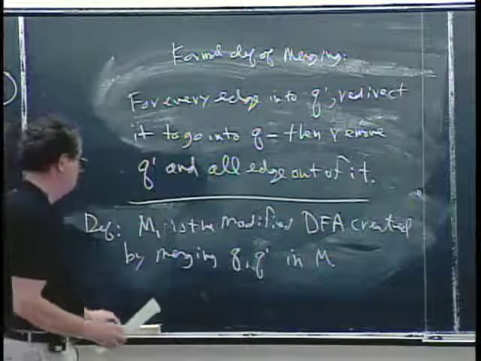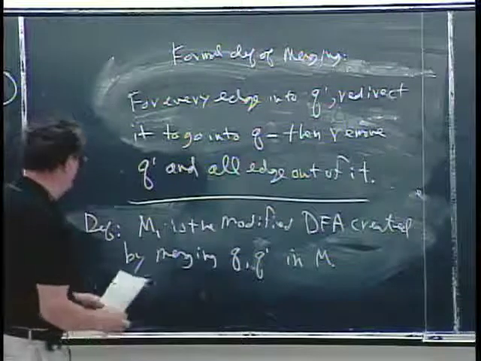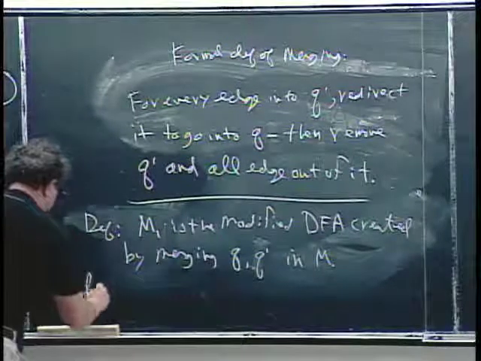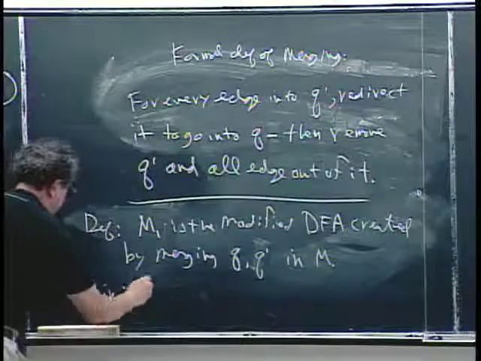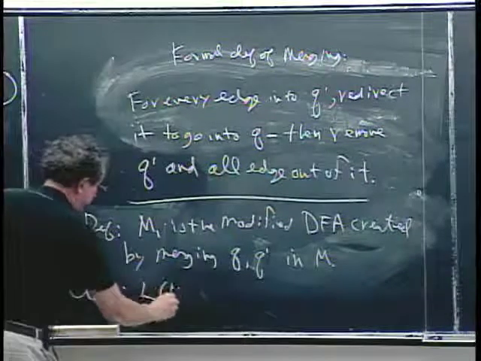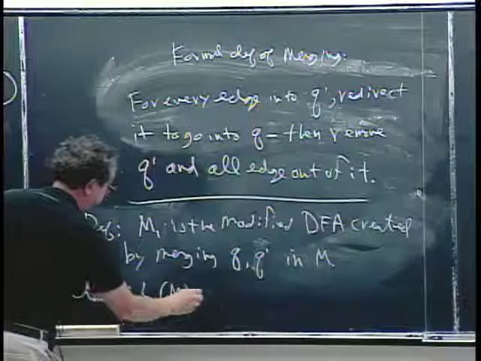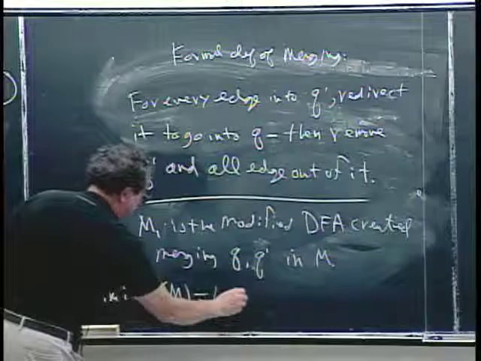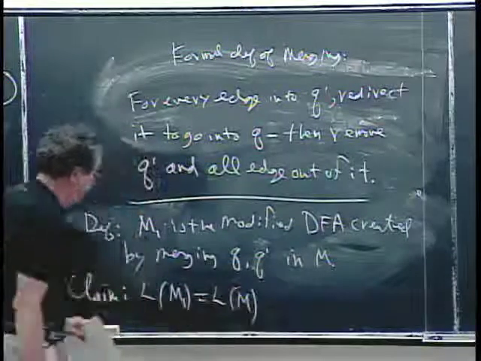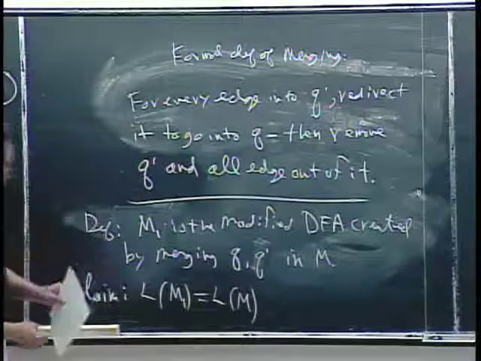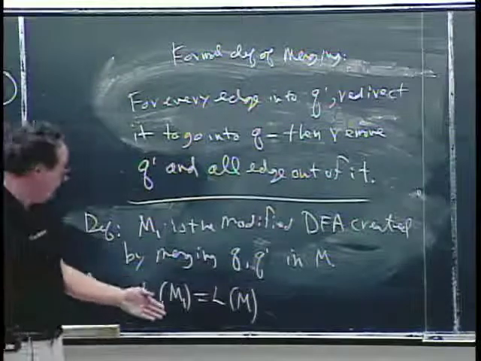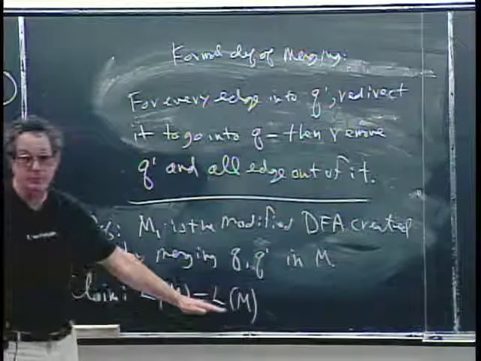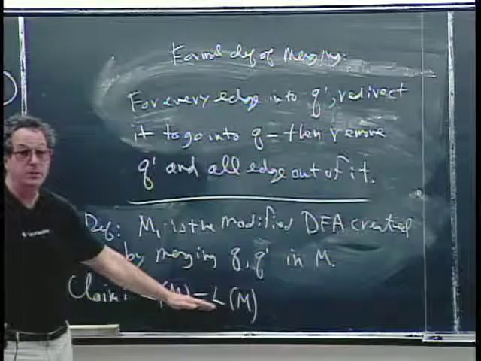So that's what M1 is. And then the claim is that the language accepted or recognized by M1 is the same as the language recognized by M. That after you merge two states, you have a DFA that recognizes exactly the same language that was recognized before the merge.